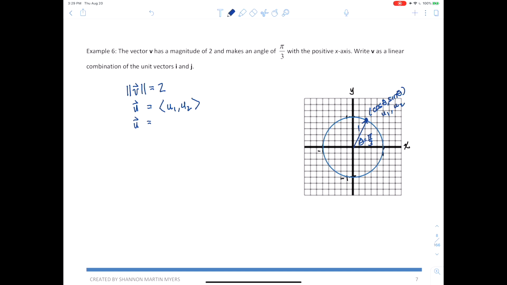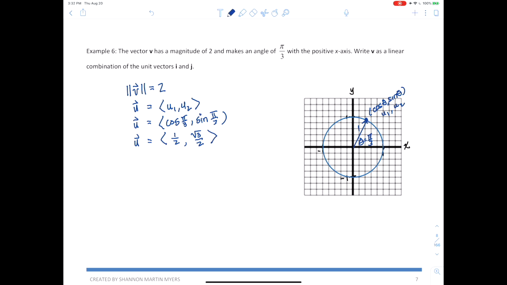It was cosine theta, but what was theta? Pi over 3. Beautiful. So we're going to have cosine pi over 3 and then sine pi over 3. So what is that? Well, cosine pi over 3, you should know this without looking, is beautiful, 1/2. And then sine of pi over 3 is square root of 3 over 2.